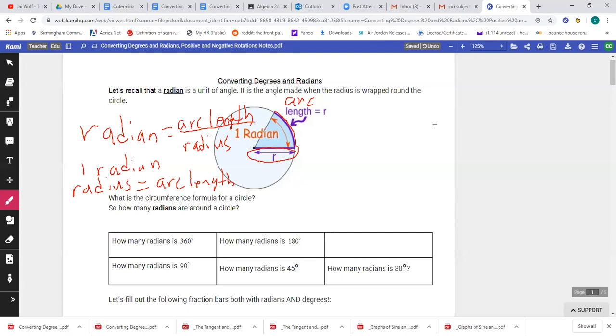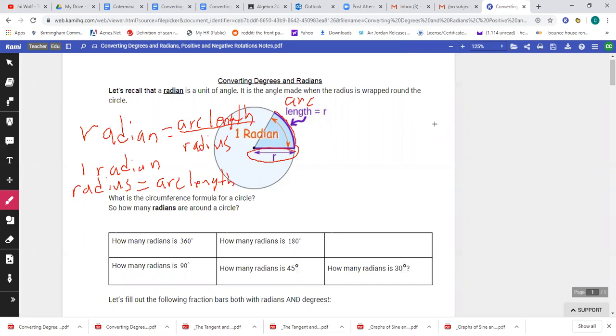Now, okay, that's fine, but how can we convert between radians and degrees, right? Well, I know that a full circle is 360 degrees, right?